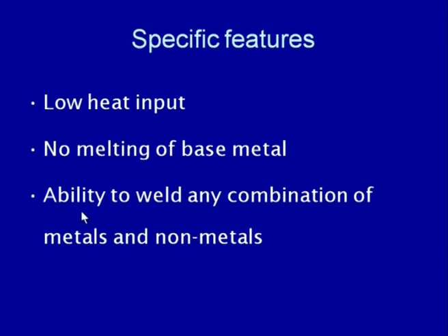Because of this, they allow the combination of different metal and non-metal systems. So, the unique features are that they use very low heat input for developing the joint between the two components, no melting of the base metals takes place, and dissimilar combinations can be joined.